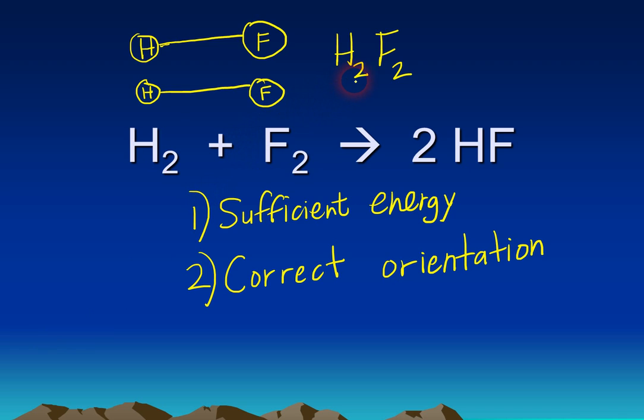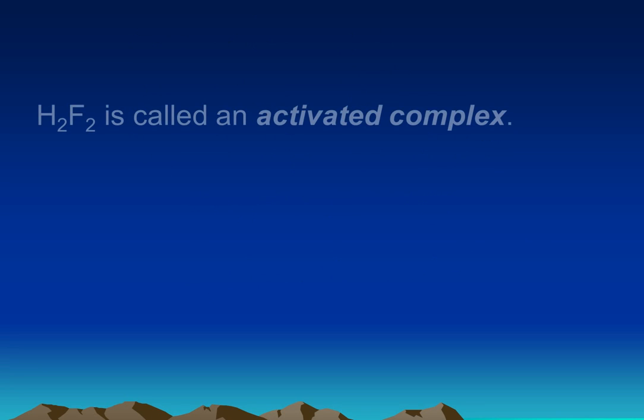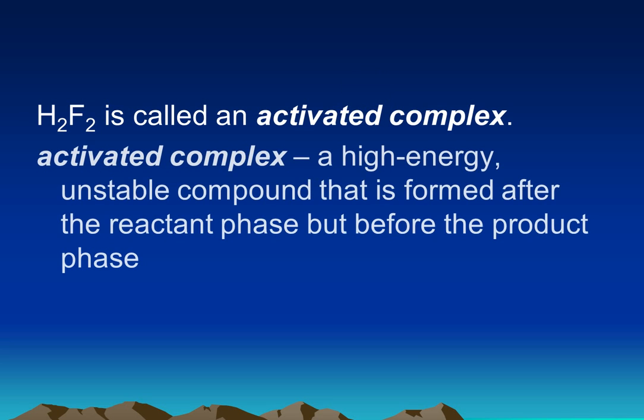So what was this H2F2 all about? Well, that was a very temporary transition state. That's something we call an activated complex. Activated complexes are basically very high energy, unstable compounds. And they're formed after the reactant phase, but before the product phase. Sometimes an activated complex is called a transition state.